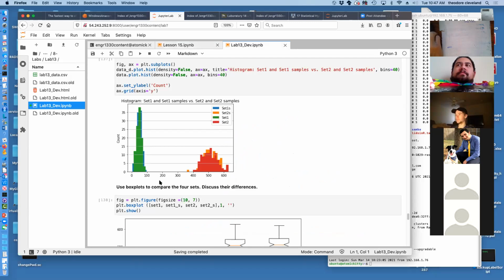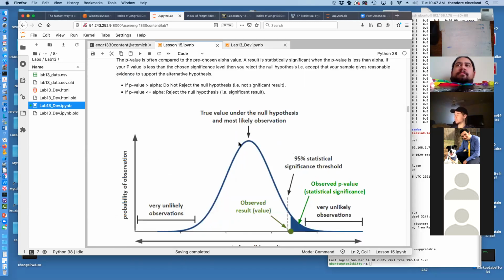Again, in this case, the distance between green and blue and the red and gold is fairly large. So that's strong evidence that those are not the same collections of data. They didn't come from the same underlying distribution.